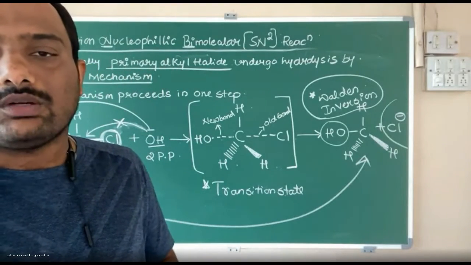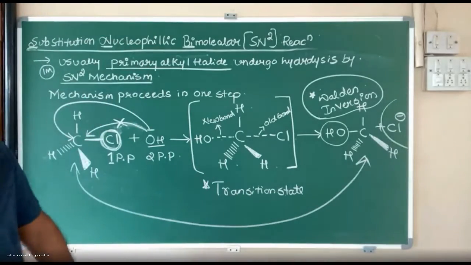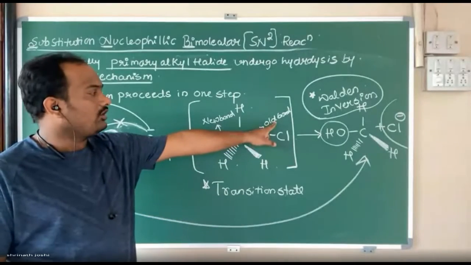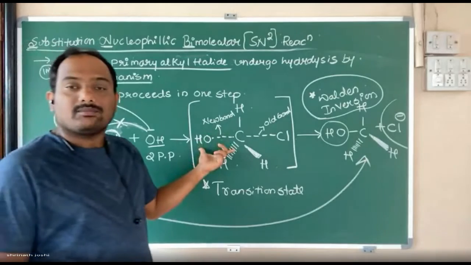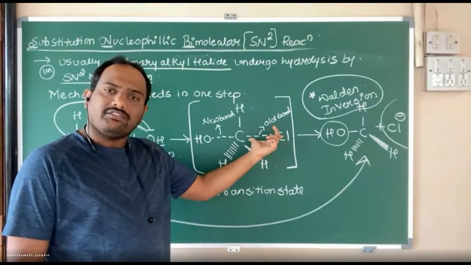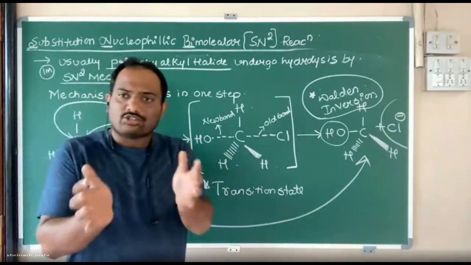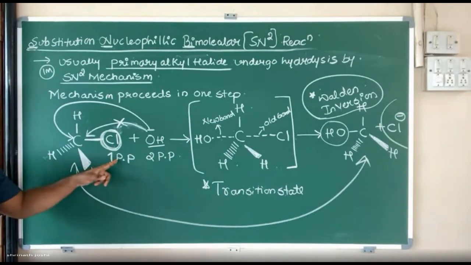I will explain it. No worries. Look here. What will happen in the transition state? This is the old bond. This is the new bond. As your new bond becomes stronger, stronger, stronger, this old bond will become weaker, weaker, weaker. Yes or no? The new friendship becomes stronger because OH is giving 2 plates of Pani Puri, Cl is giving only 1 plate.